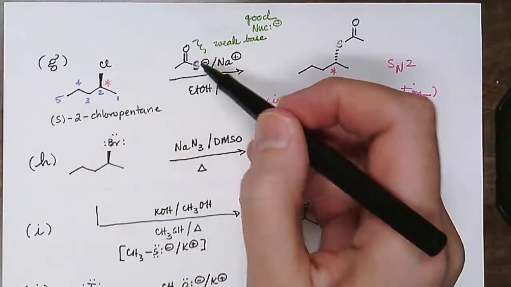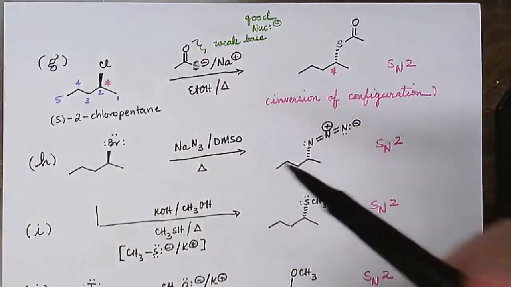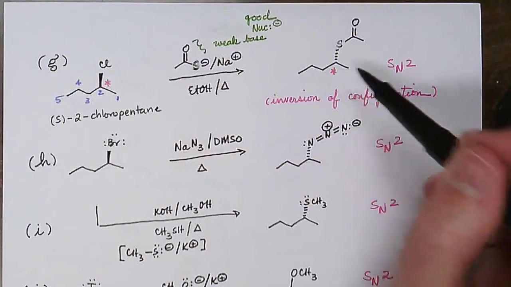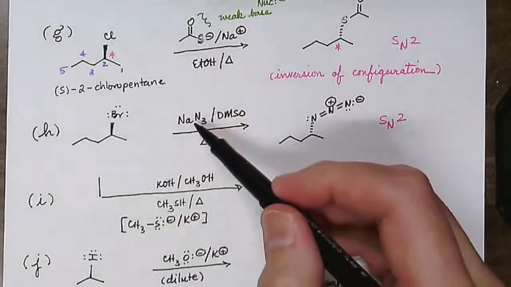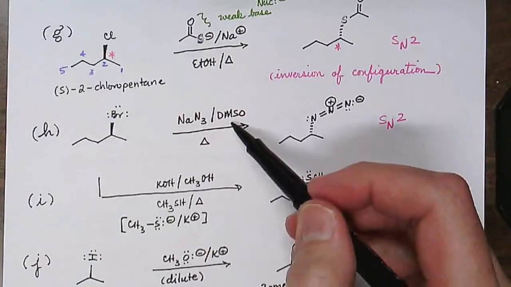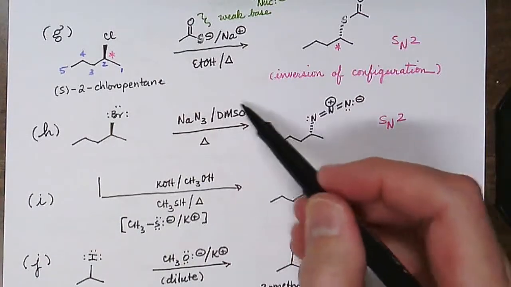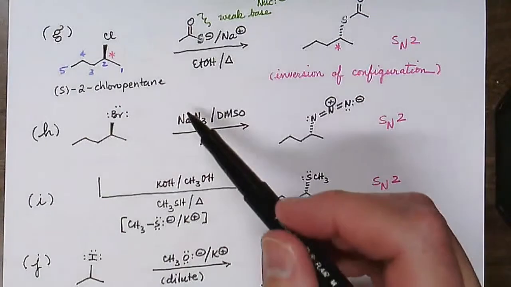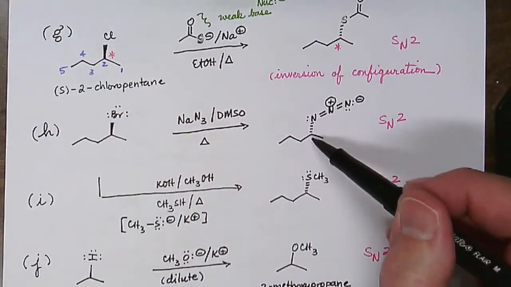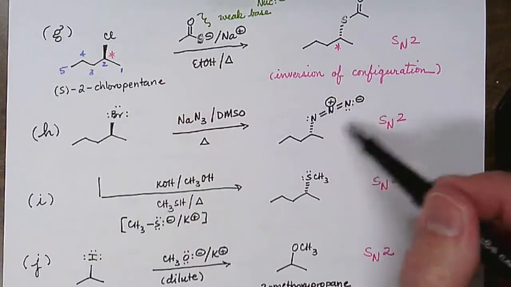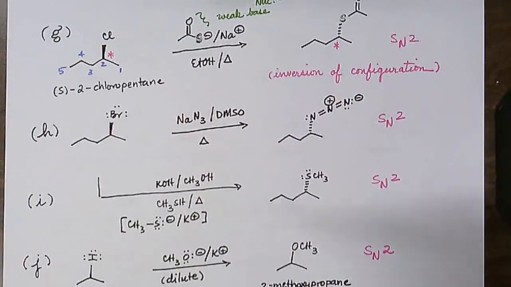Here, our thioacetate would approach the alpha carbon backside, so we would see an inversion of configuration in the SN2 process. Sodium azide in dimethyl sulfoxide, a solvent that also promotes SN2, would perform a similar backside displacement of bromide to give you the inverted product of the azide compound.